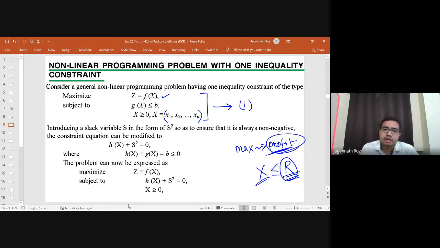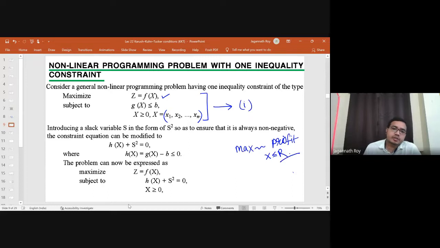But whenever you talk about minimization, the resource will be finite, and this leads us to cost minimization.